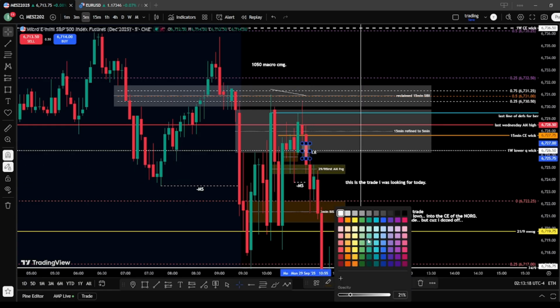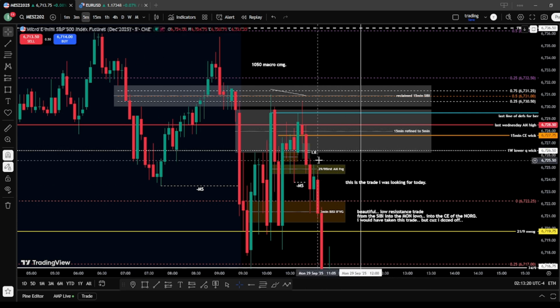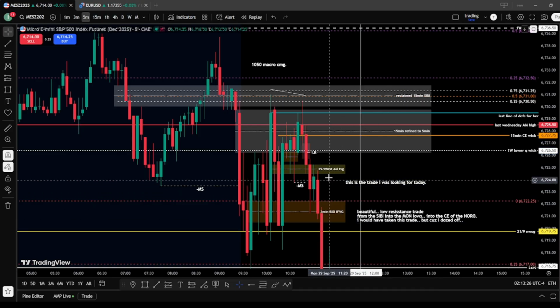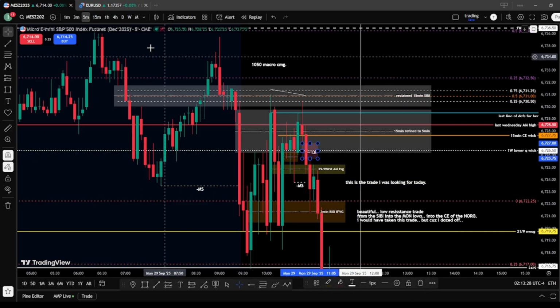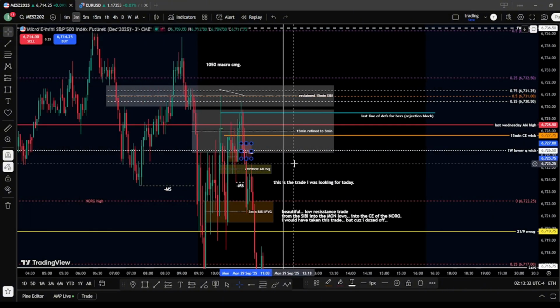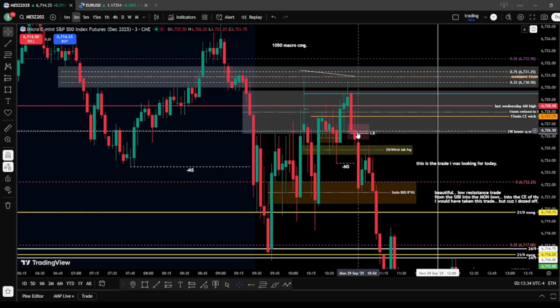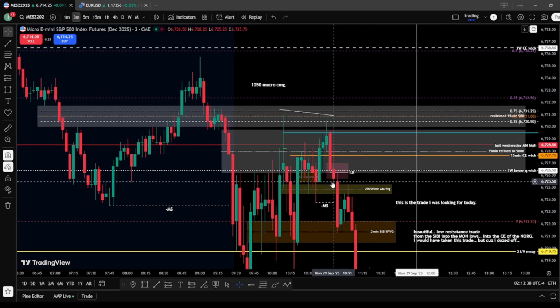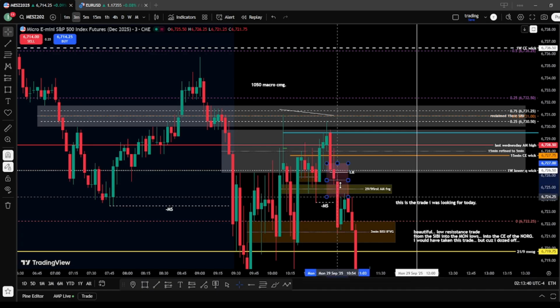Let's make it a different color, more purple, pink. Okay, let's go on 3-minute. On the 3-minute, you can see that on the 5-minute CB here, there is no fair value gap. We have a small volume imbalance right here, but then the fair value gap lies here.